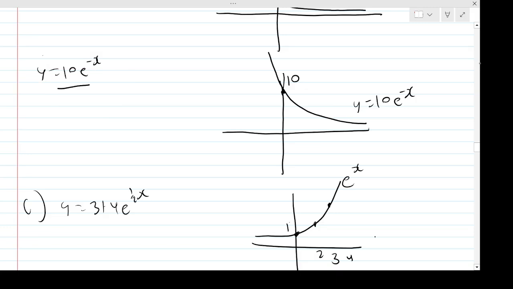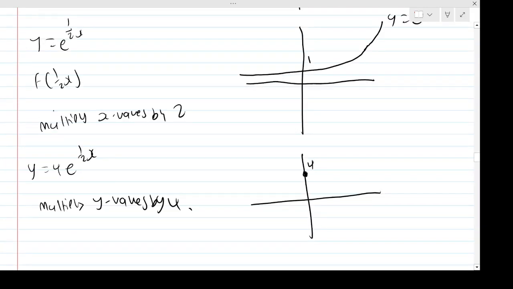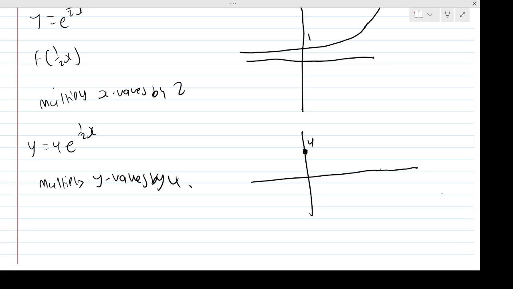If we multiplied it by 10, it became a lot steeper because the y values became bigger. So it will look like this, a bit steeper because the values of the graph are just bigger in general, so it rises quicker. So it looks something like this. Okay, cool. So that'd be y is 4e to the half x.